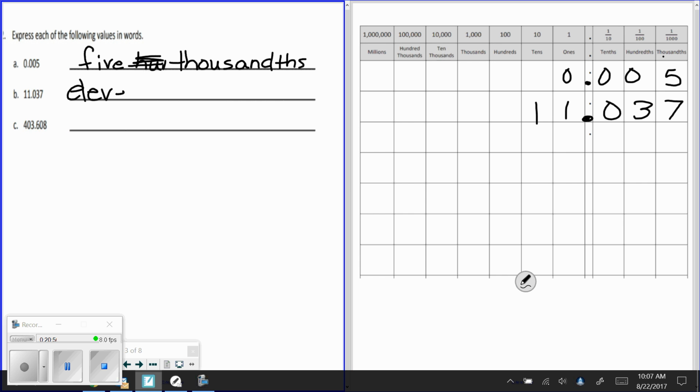What do I do when I have that decimal? And 37 thousandths. Right. See, it's easy. Thank you, you said it. It's not as complicated as you thought. It looks harder than it really is.